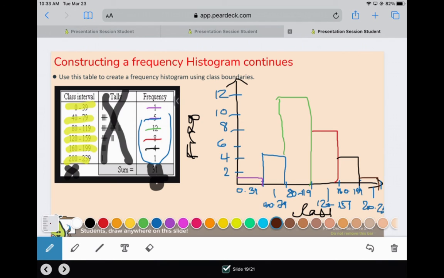Okay, so I want you to go to this frequency table. Here's the thing. Silly me, I copied the same table on the next slide.